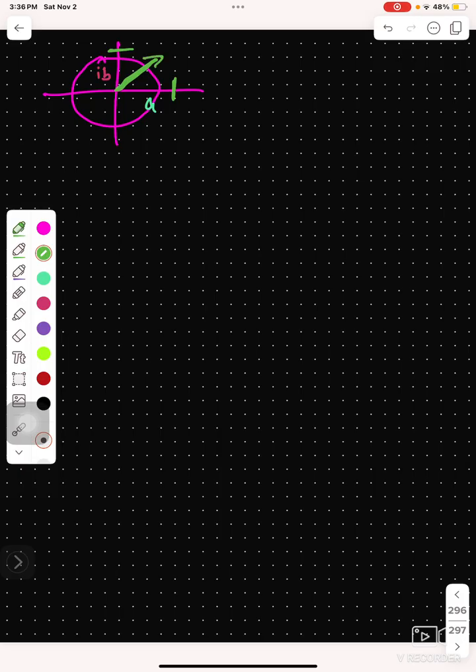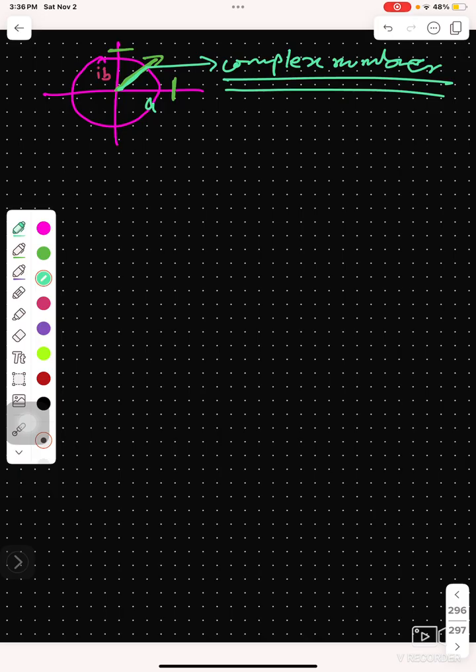This one is the complex number in terms of the space.